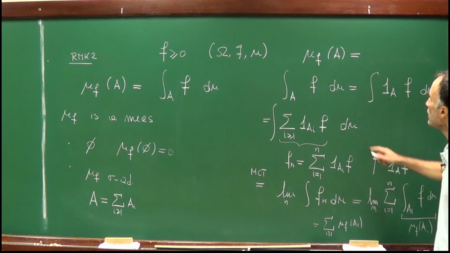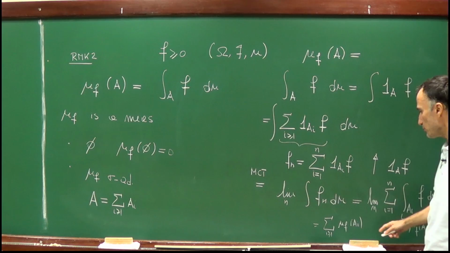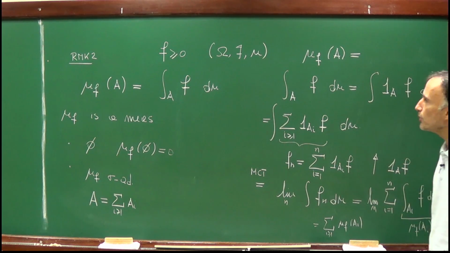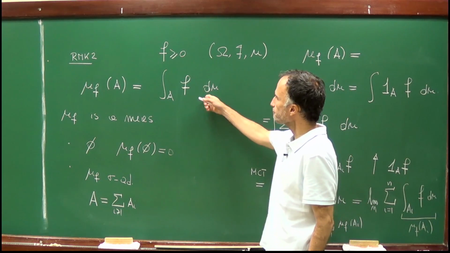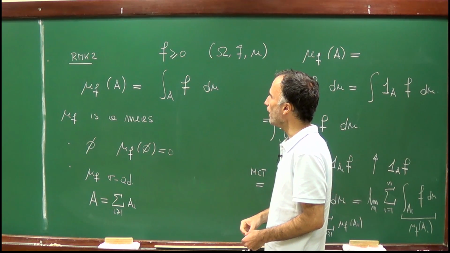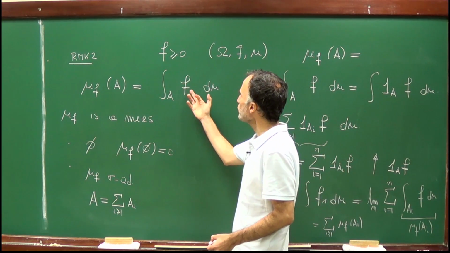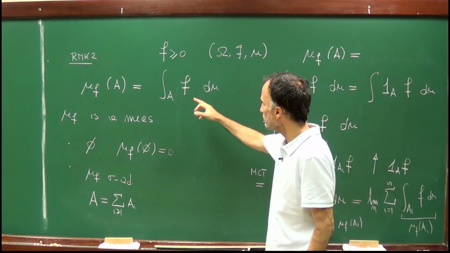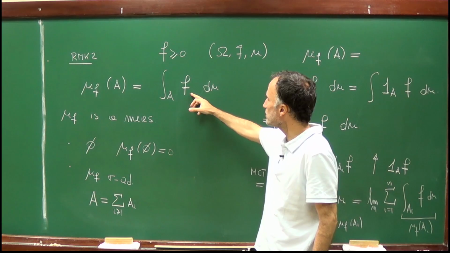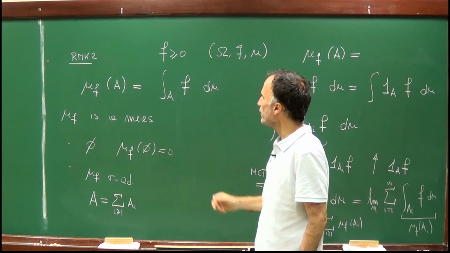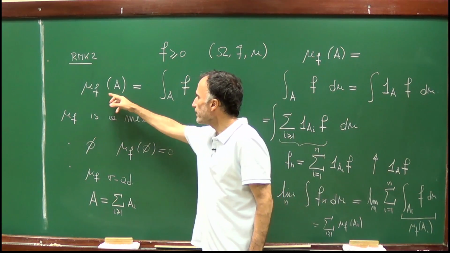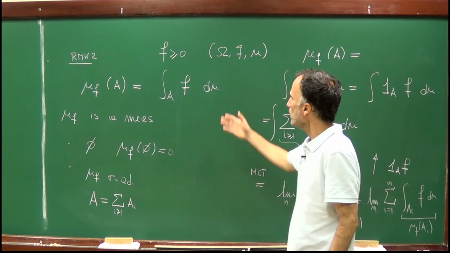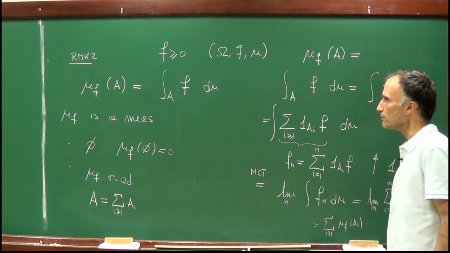So this proves that mu_f of A is equal to the sum, and therefore that mu_f is sigma additive. So once we have a non-negative function, observe that I'm not assuming here that f is integrable, just that it's non-negative, we can define a new measure on this space with this integral.